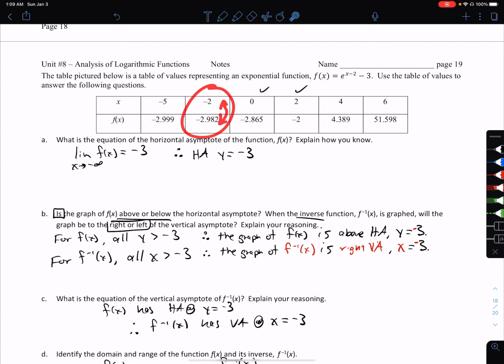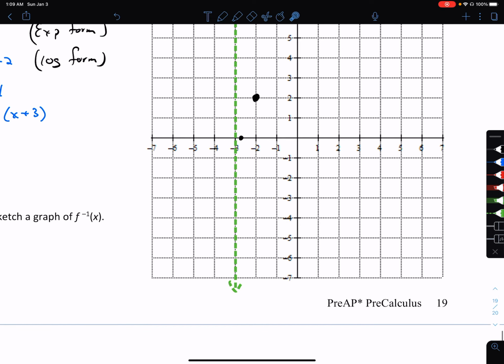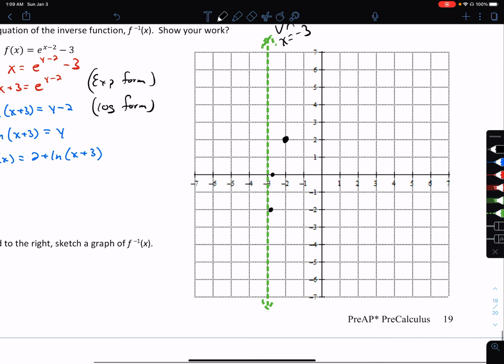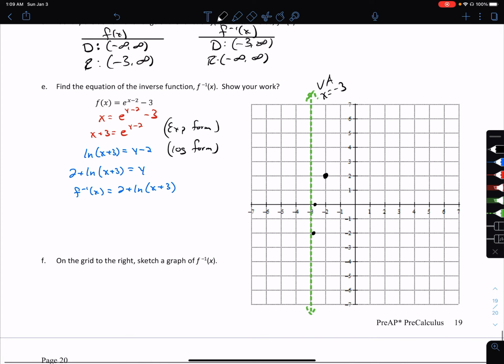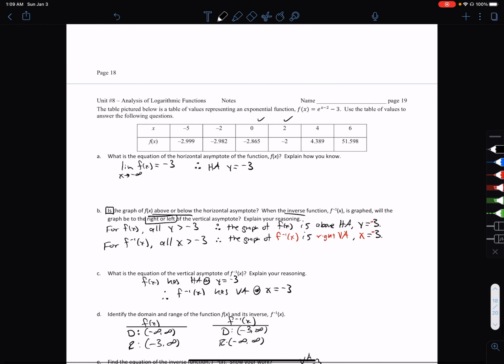Reverse it for the inverse. So this is the x value, this is the y value. So if we go to the left even closer to -3 and go down to, maybe we would be someplace close to here. Which, this is making sense.